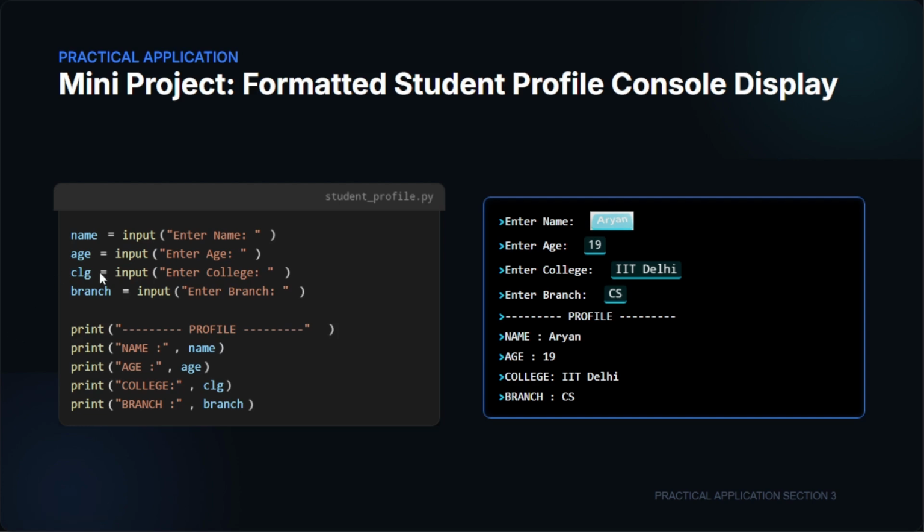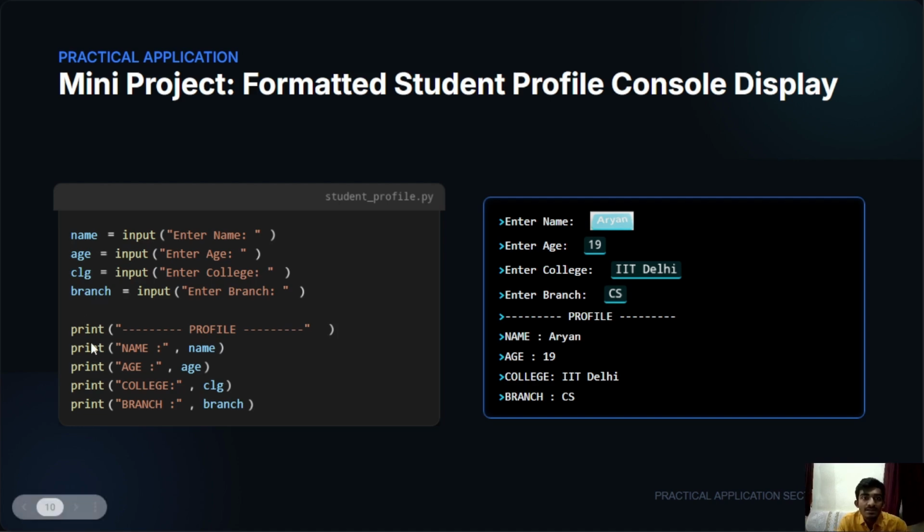Now here is a small activity for you all. You can try this by yourself. The program is asking you to ask the user for their name, their age, their college, school, or anything. Or you can even ask for city or main location or even dates also.